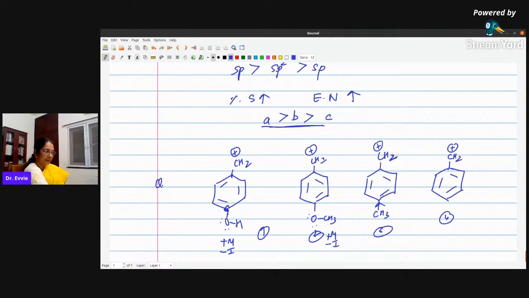Because the top one is the same, when you see only the bottom part, it will have both hyperconjugation and also the plus I effect. And I told you hyperconjugation will take it more. And this one I would say has no effect, because we are considering the bottom, as the top one is the same in all the carbocations.